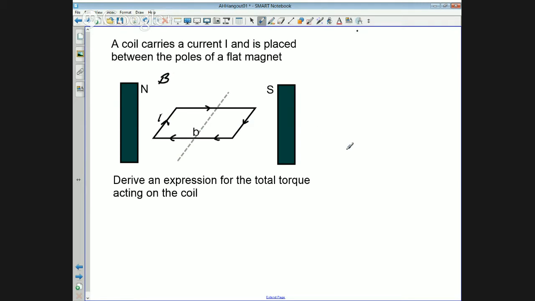Now, what happens to this part of the current carrying conductor when it's in the magnetic field? Now, you have to know, because of the diagram, the current is going into the page here, just slightly elevated to make us see the loop or the rectangular coil.